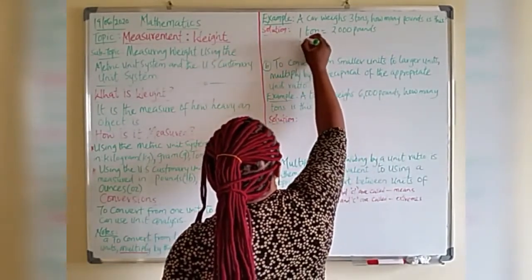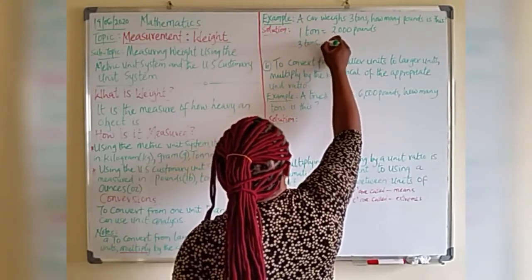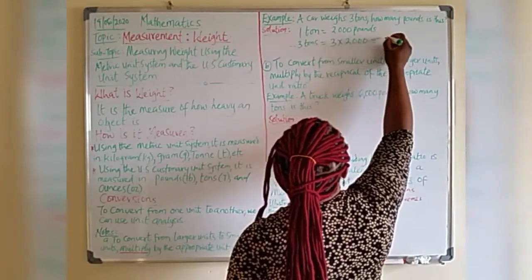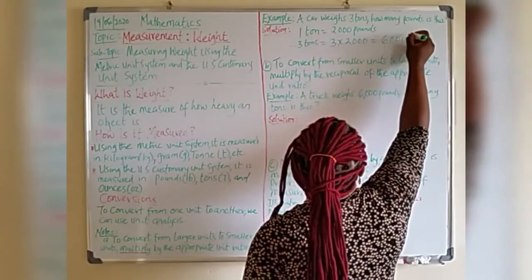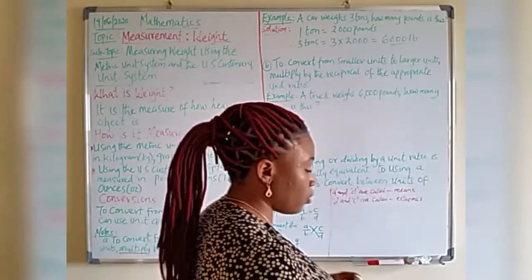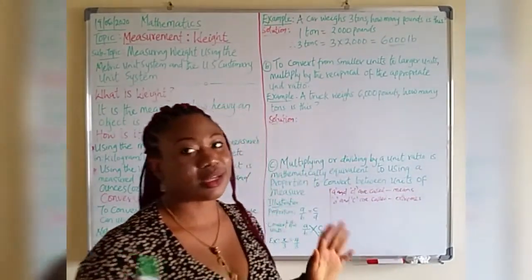Therefore, 3 tons would be 3 times 2,000 to give us what? 6,000 pounds. Please use the short form of pounds. Simple and short. That's it.